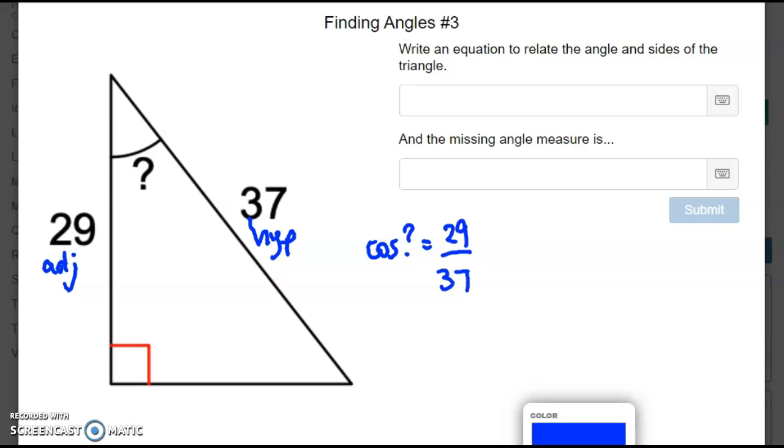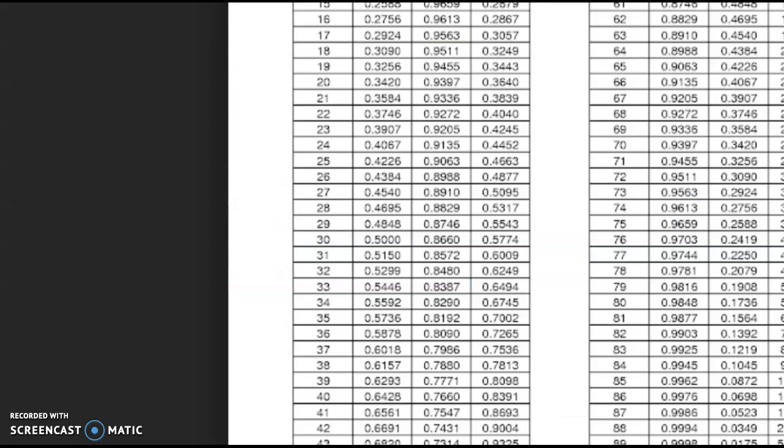So then what is 29 over 37? If I use the calculator, 29 divided by 37 is 0.7838, or 0.784. Then I need to look for 0.784 in my cosine column.